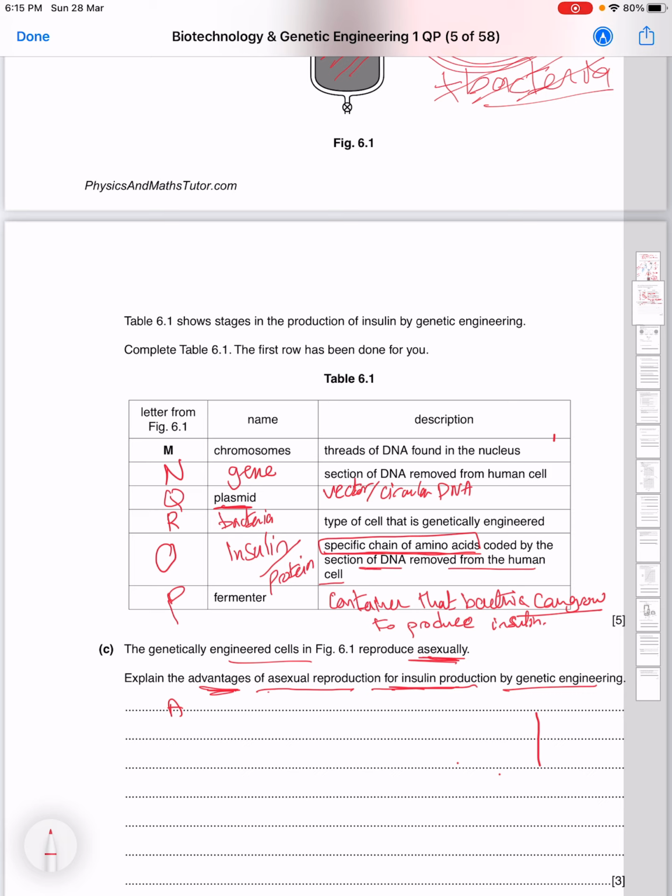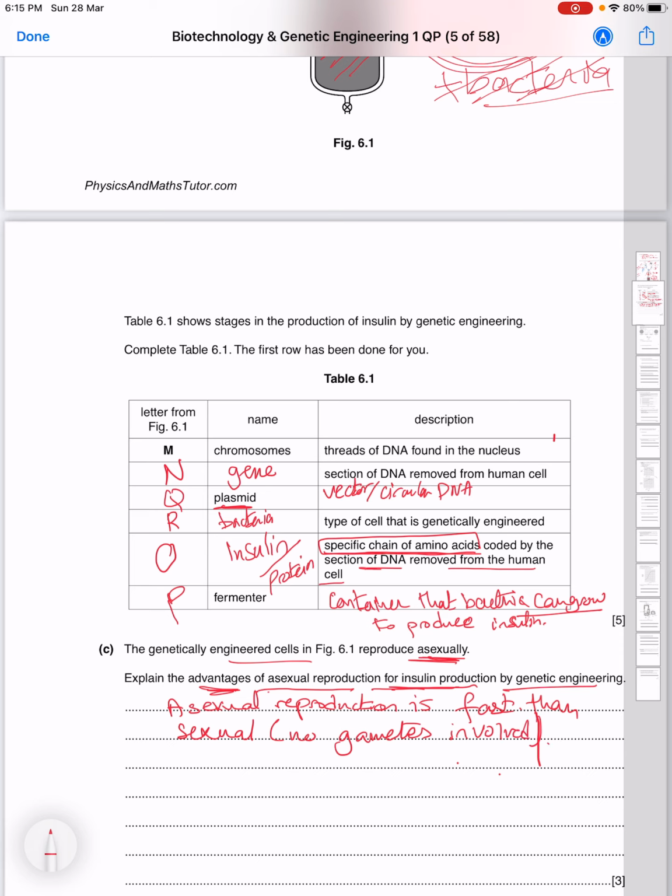The first advantage, when I talk about asexual reproduction compared to sexual, is that it's rapid, it's fast, faster than sexual reproduction, because there are no gametes involved.